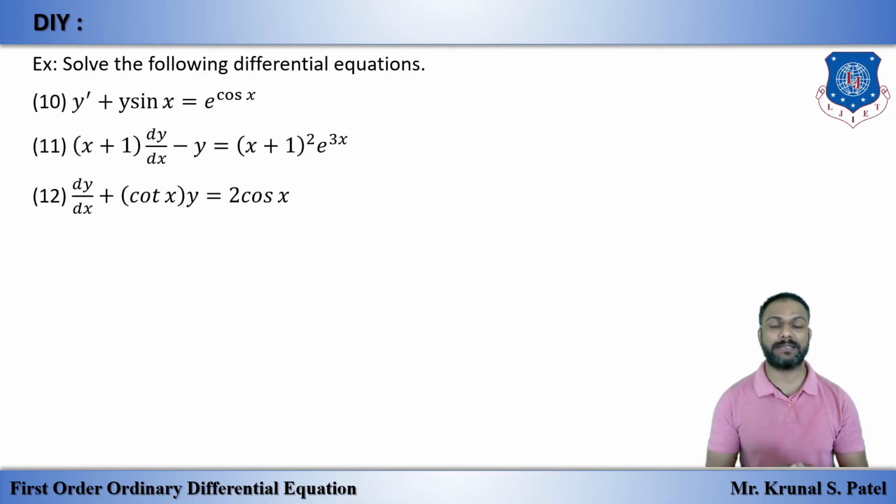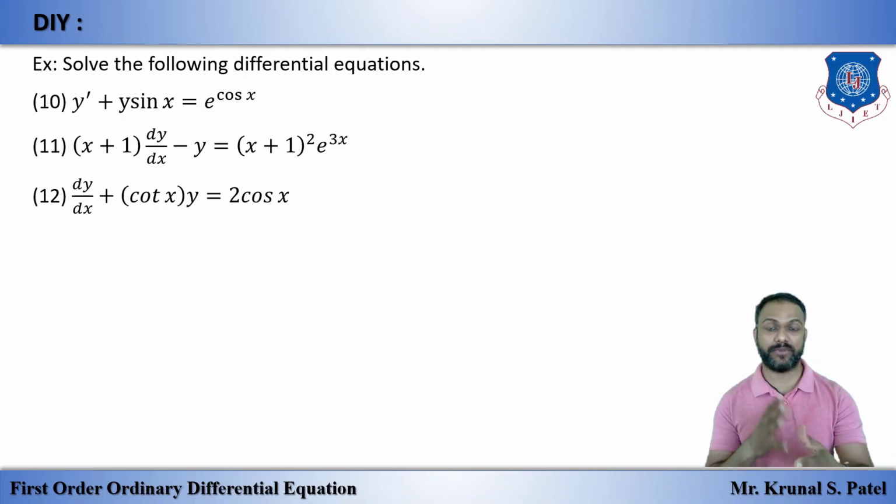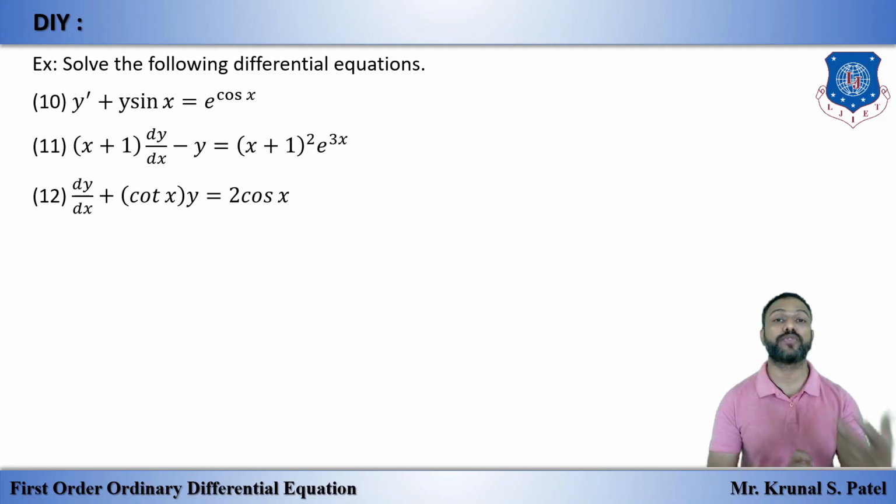Again I am telling you, try to solve each and every example, and you will quickly understand which form the given differential equation is: variable separable or reducible to variable separable, homogeneous or non-homogeneous, exact or non-exact. In non-exact, which method can be applicable, or whether it is linear or Bernoulli. That is our next lecture.